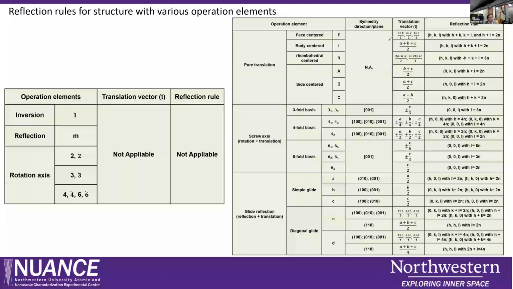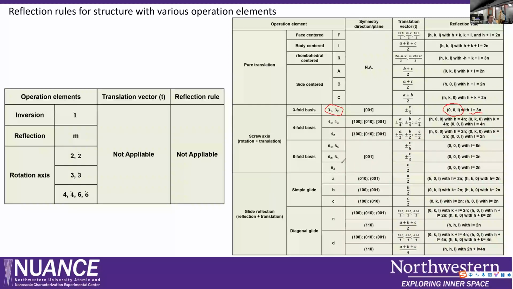And finally, I give you a long table. In this table, you will find the detail for each symmetry. Will they cause any lattice extinction or not? For example, for 31 and 32, for a lattice, if you have a 00L form, L must equal 3n, then it can occur.